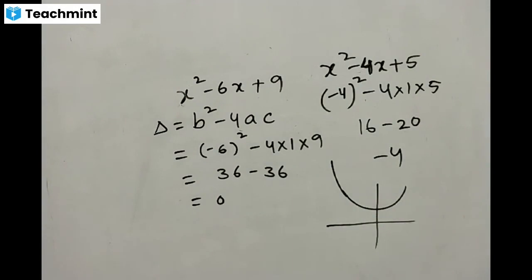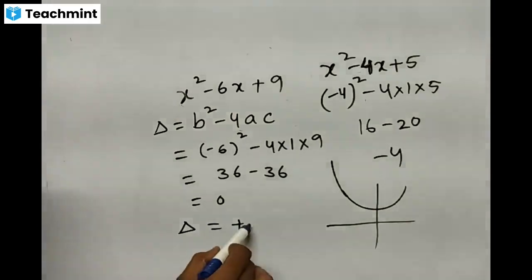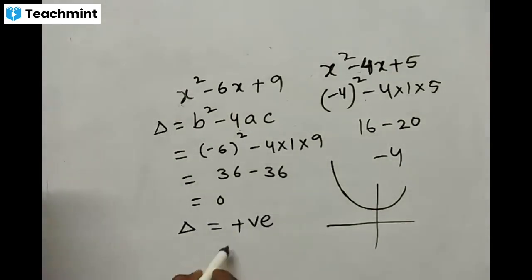So what are the points you need to understand here? If the b square minus 4ac value is positive, if delta is positive, the graph will touch the x-axis in how many places? 2 places.